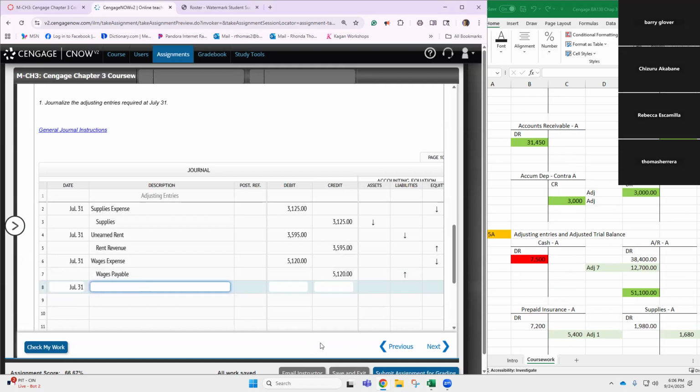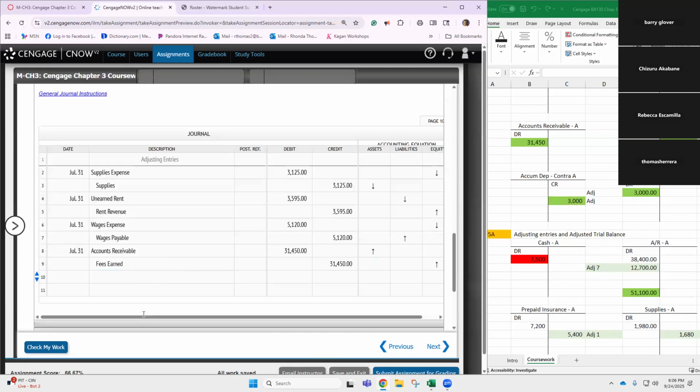So that's going to be an adjusting entry. The entry is going to be accounts receivable of 31,450 and fees earned, there's your revenue going up. Fees earned 31,450.